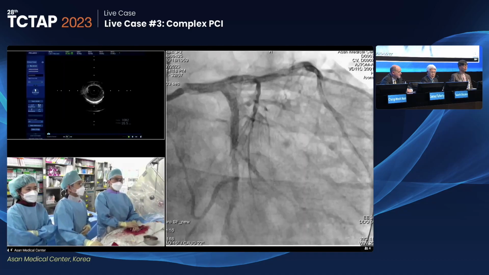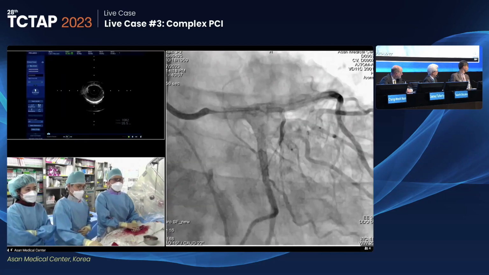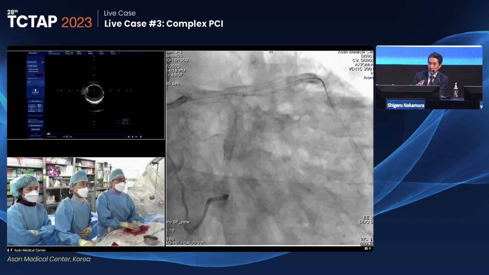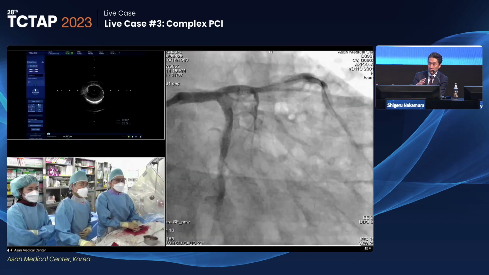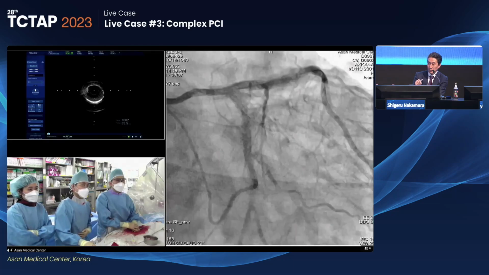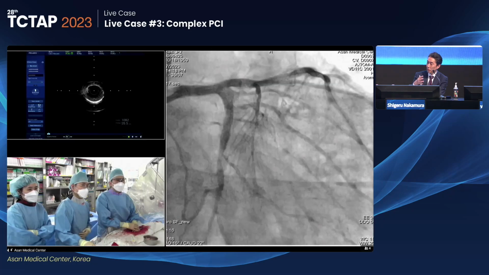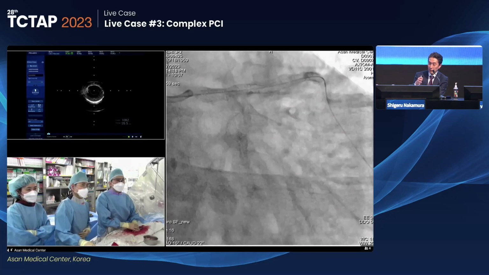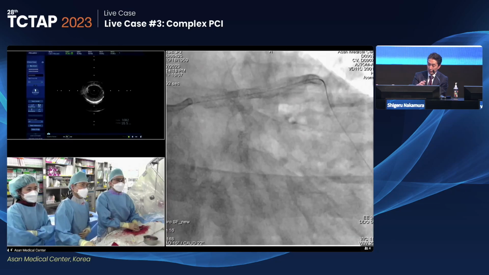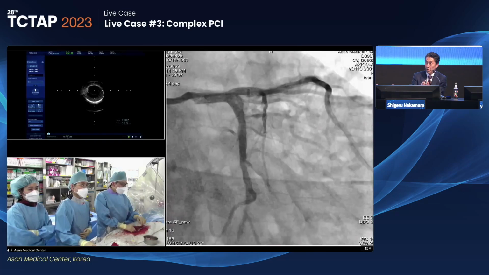Yeah. So I want to comment. Dr. Akasaka mentioned that in the first PCI, even if the circumflex is not compromised, I think it's better to do the kissing balloon inflation, because if the patient gets a distal circumflex lesion again, you have to reopen the side branch at the beginning. So you have to touch the distal lesion and also retouch the left main bifurcation again. So I recommend doing the kissing balloon at the very important left main.